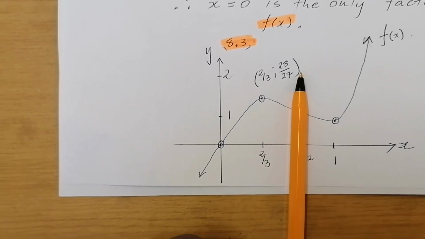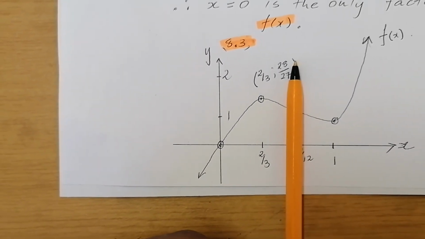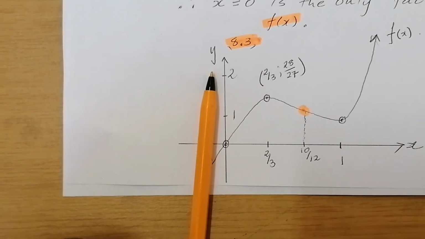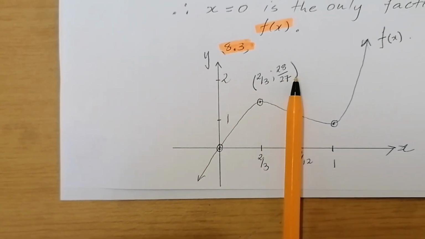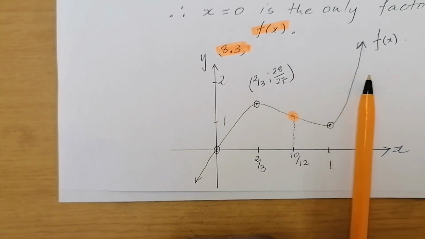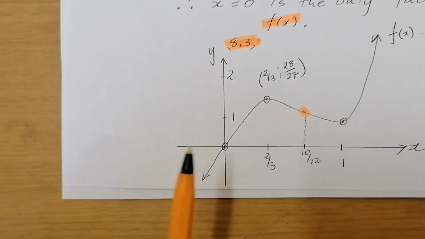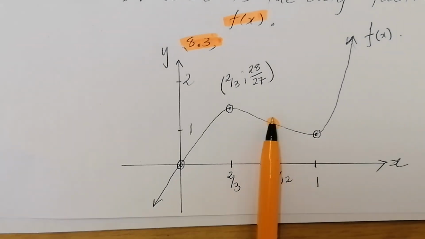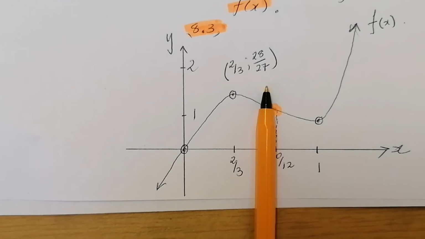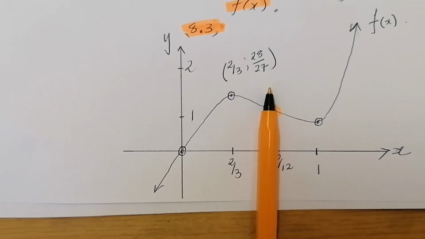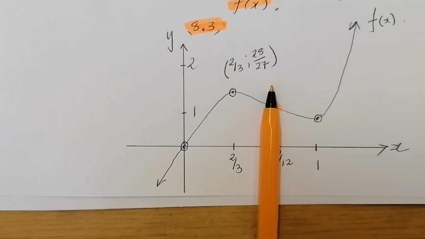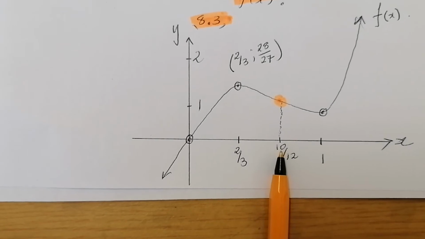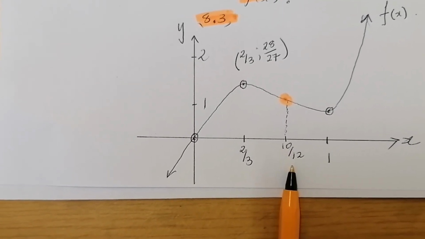If I'm at this point and moving to the left, the graph will be concave down. When I'm at this point and moving to the right, the graph would be concave up. I need to tell the examiner, or anyone who's going to interpret this, mathematically to go to the right-hand side of this point, which is 5 divided by 6.